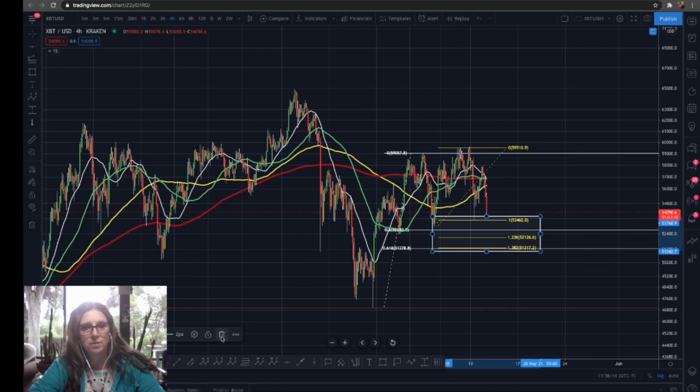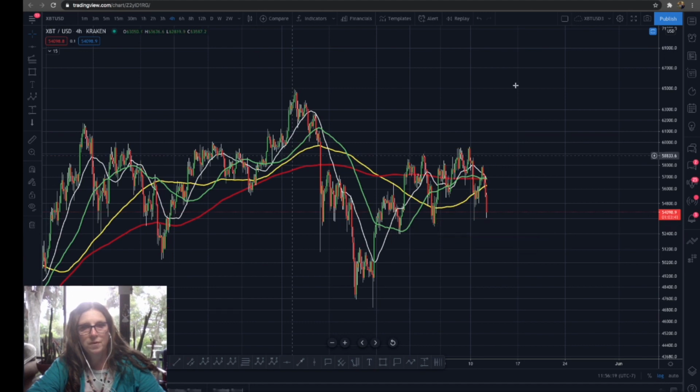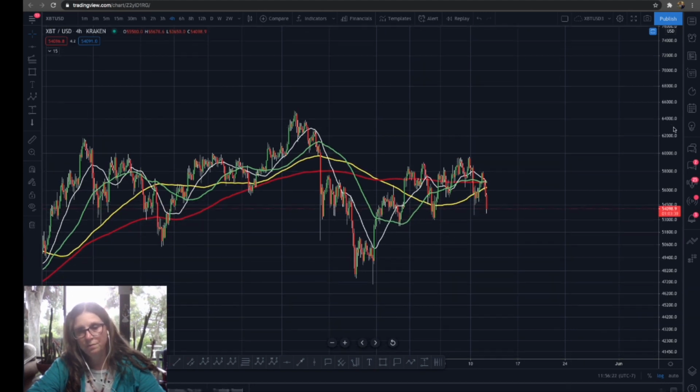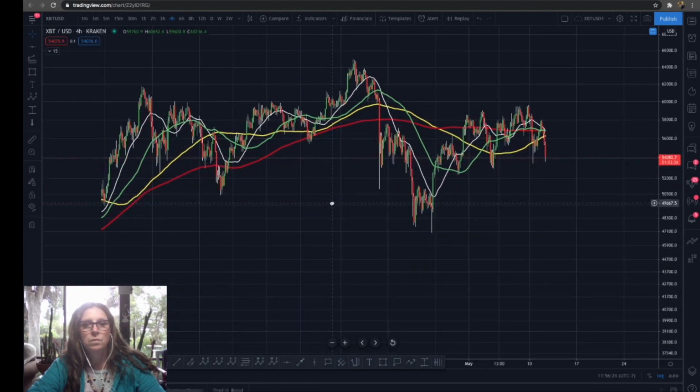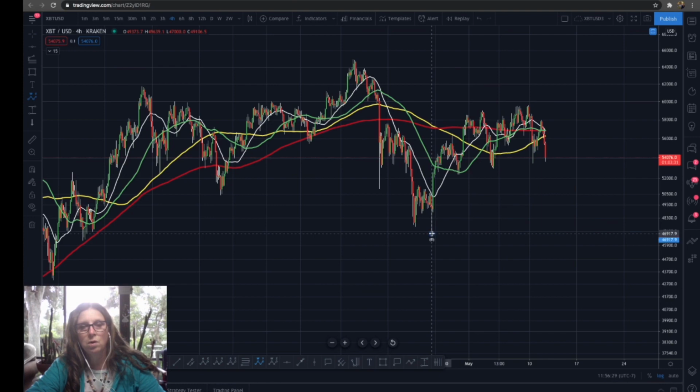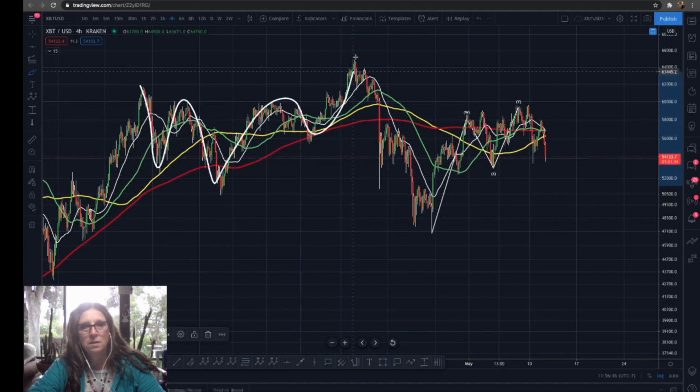Okay, let's talk about the bearish scenario. The bearish scenario is that we have created a WXY or an ABC. Labeling is not that important at the moment. And what is actually happening here is that we have done 3 waves down, 3 waves up, and 5 or 3, it doesn't matter.